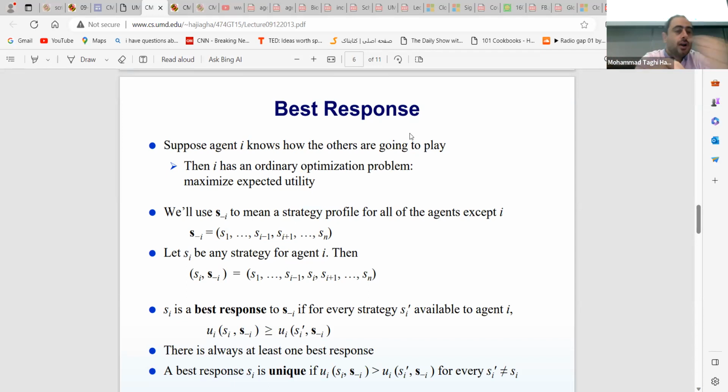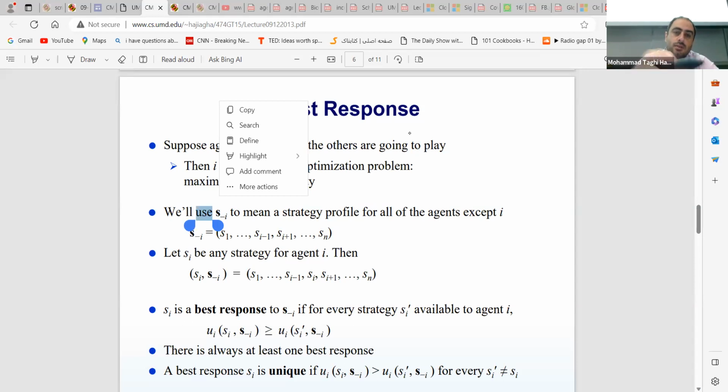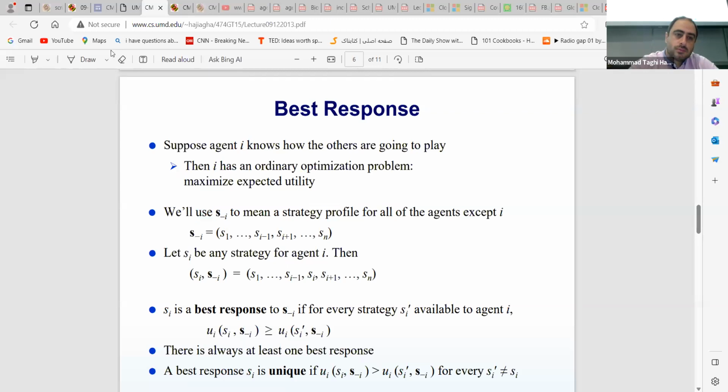For this one, we are using another nice notation. We use S minus I. S minus I means a strategy profile for all agents except agent I. In some sense, S was a strategy profile, and minus I removes I from it.